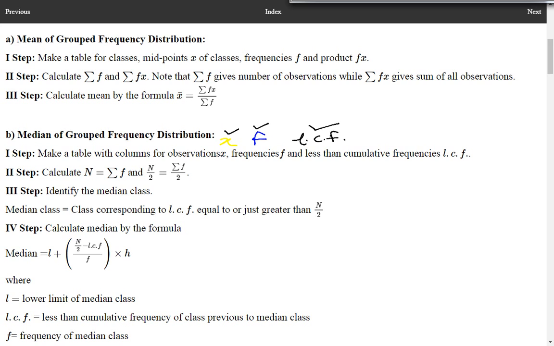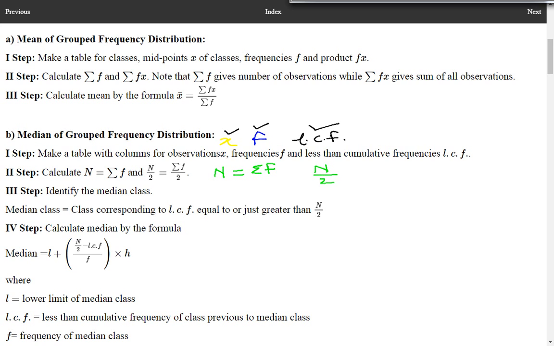In second step, calculate n, which is number of observations, and find n by 2. Just divide n by 2. In third step, we have to identify the median class.